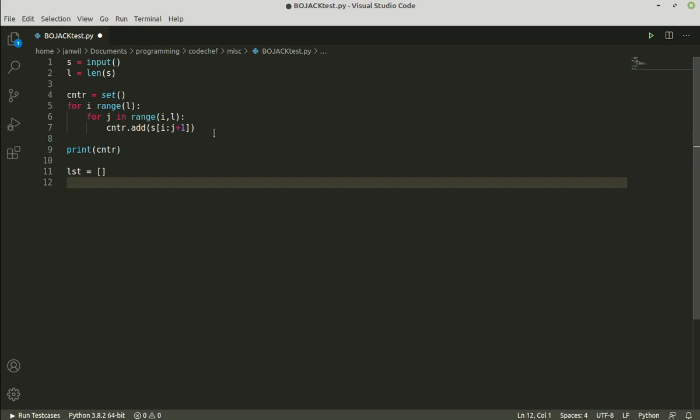And again, we are going to be running through all the substrings, and figure out whether this substring is a palindrome or not.